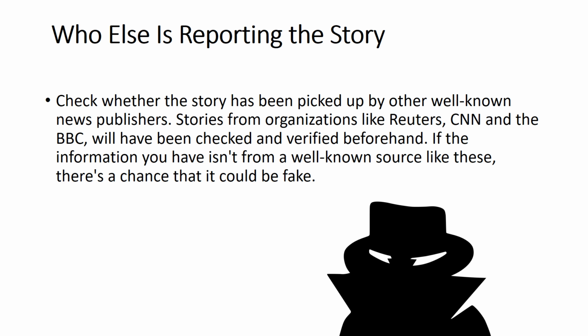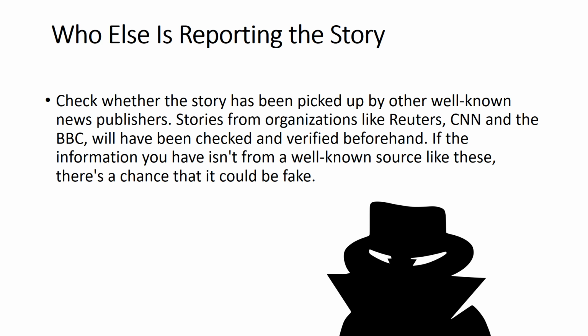Another important step, which is the third step we're talking about today, is who else is reporting the story. Check whether the story has been picked up by other well-known news publishers. Stories from organizations like Reuters, CNN, and the BBC will have been checked and verified beforehand. If the information you have isn't from a well-known source like these, there is a chance that it could be fake.